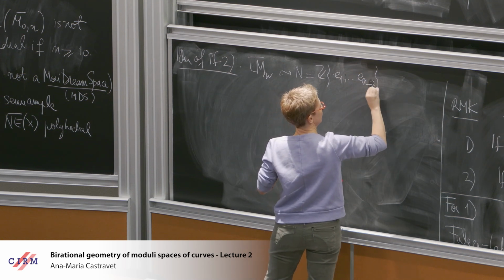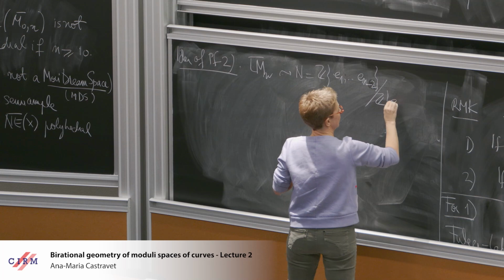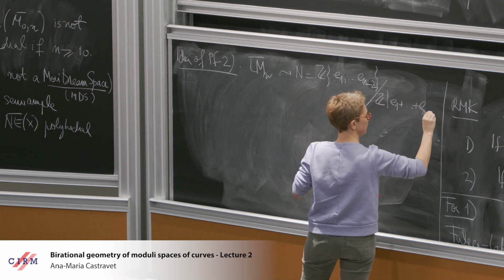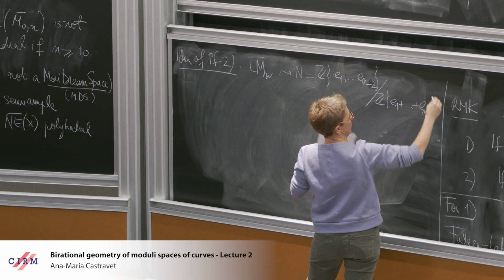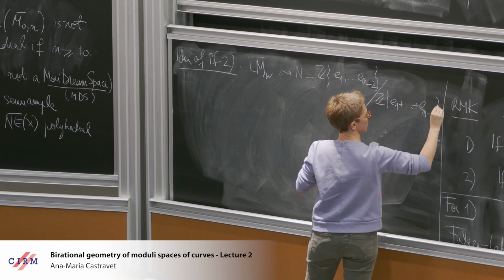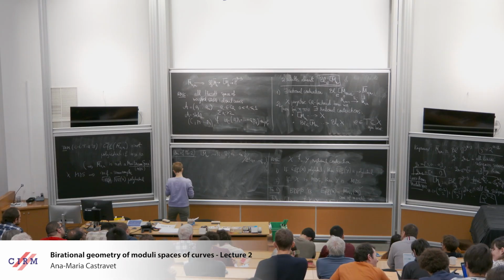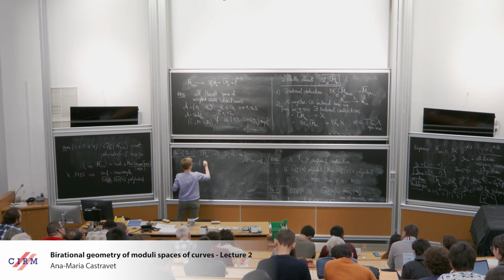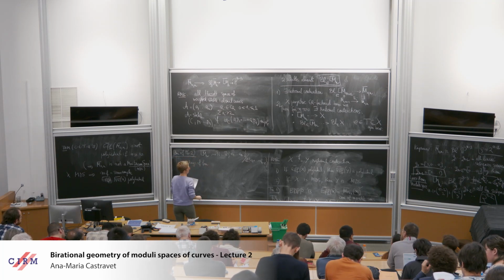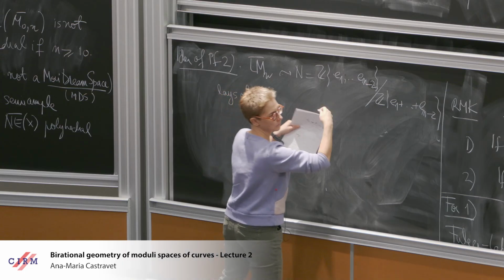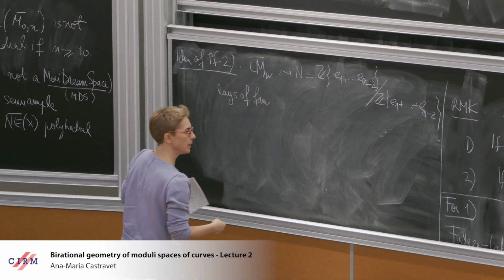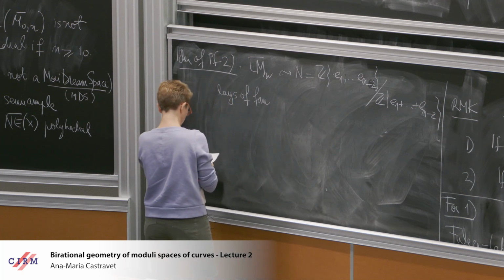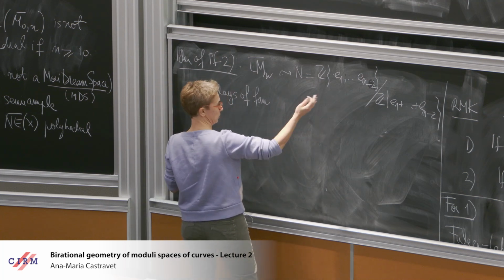So that is, you have n minus 2 coordinate vectors and you set them to 0, because you set the sum to 0. And then the rays of the fan are spanned by these vectors, and then you start taking subdivisions of the cones, and you do it all the way.